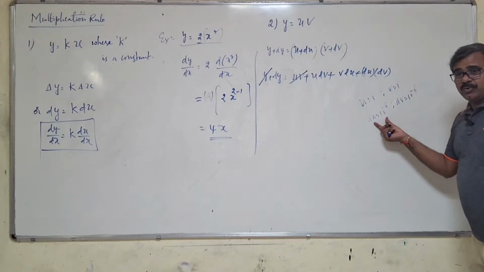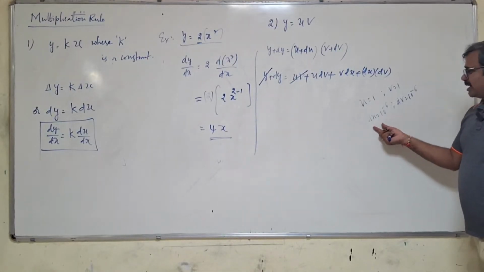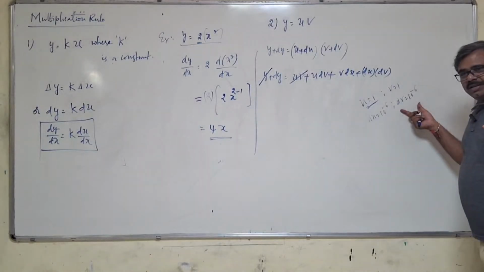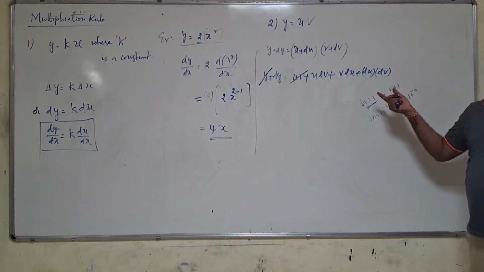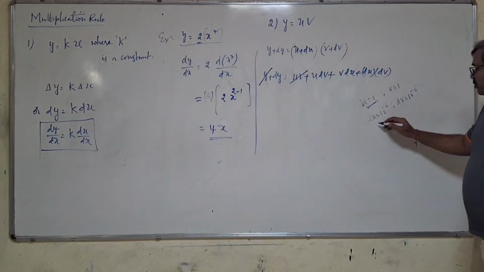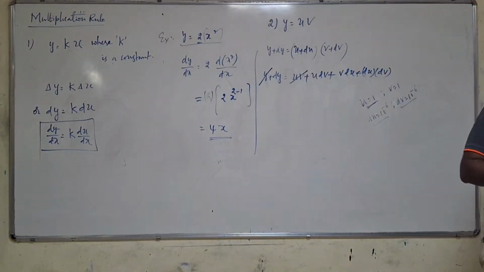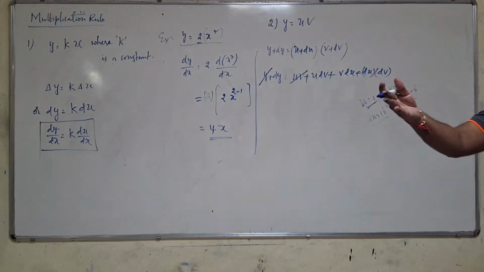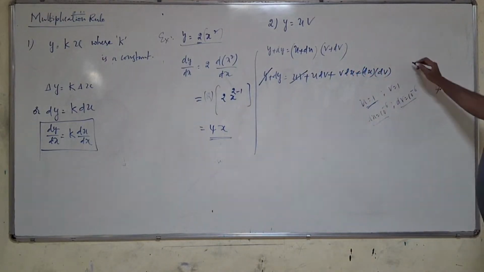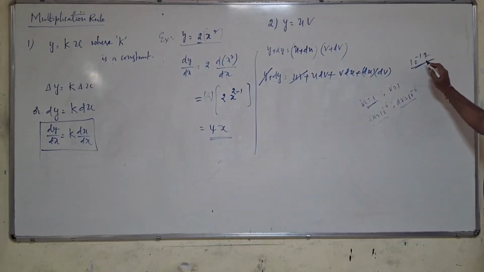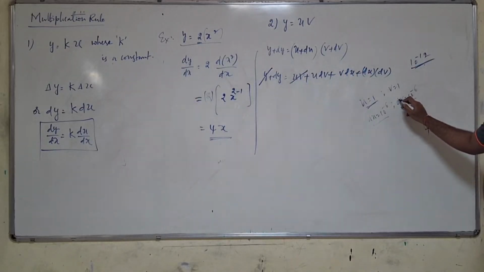The change in u is 1,000,000 times smaller than u. Change in v is 1,000,000 times smaller than v. Now, when you multiply these two, what are you getting? 10 power minus 6 into 10 power minus 6 becomes how much? 10 power minus 12. So this becomes 1,000,000,000,000 times smaller than 1.